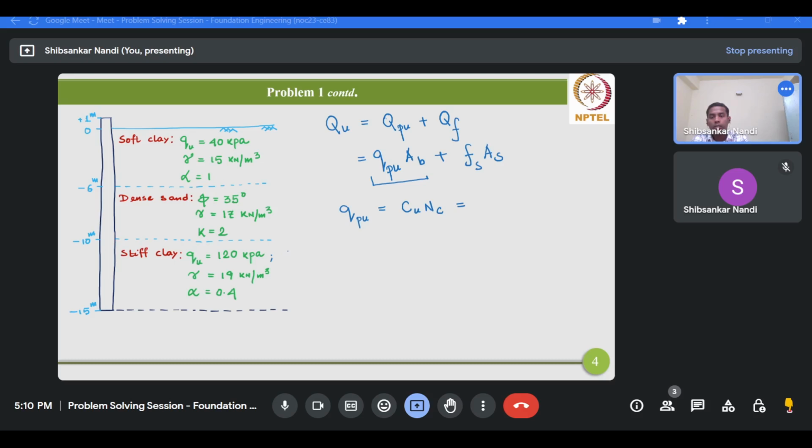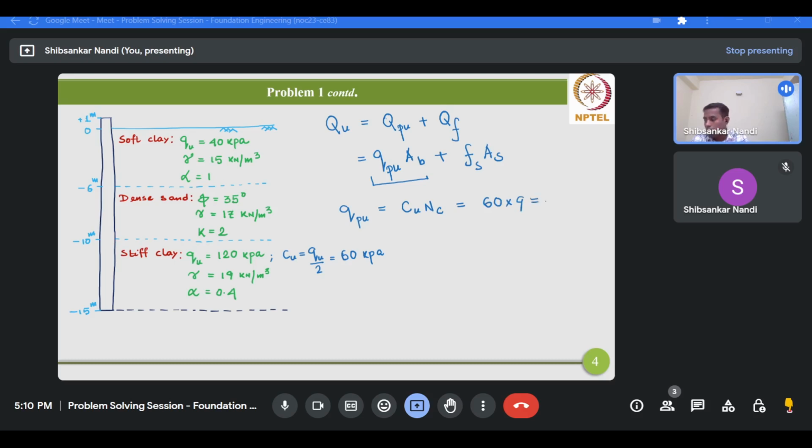clay. So CU would be QU by 2, that means 60 kPa. So therefore this is 60 kPa, and NC, as we know, is 9 for a deep foundation as per Skempton's theory.